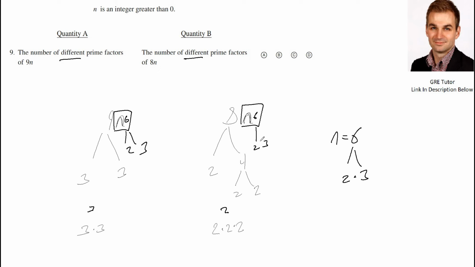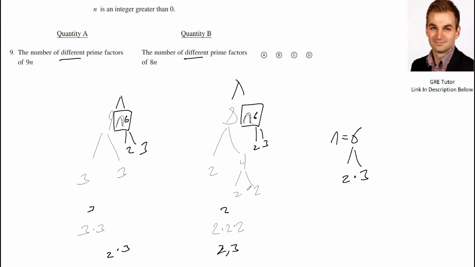So the factorization of this number is 3, 3, 2, 3, and here it would be 2, 2, 2, 2, 3. So this factorization has 2 and 3 as the prime factors, and this one has 2's and 3's as well. Okay? Now that makes sense, right?